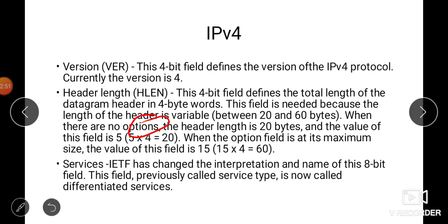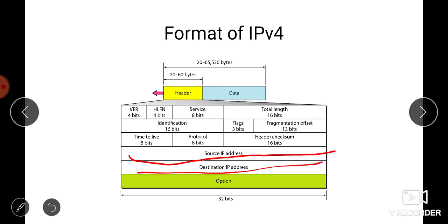When the option field is at its maximum size, the value of this field is 15. So 15 multiplied by 4 is equal to 60. So this is header length, it is 4 bits.